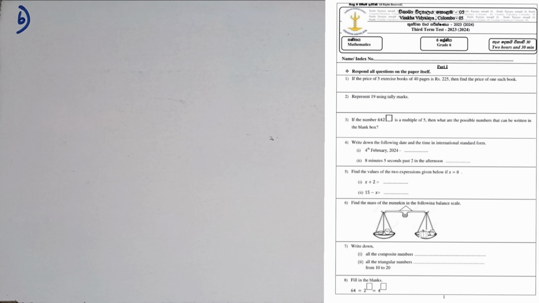On one side, a pumpkin with a 200 gram weight. On the other side, 1 kilogram weight and 500 gram weight. The addition here is 1500 grams. So to find the mass of the pumpkin, we have to subtract 200 from that amount.